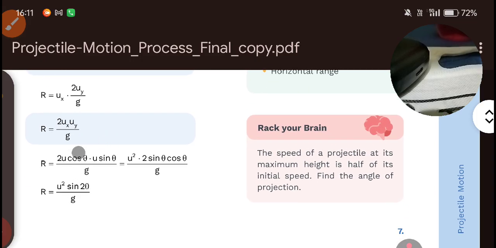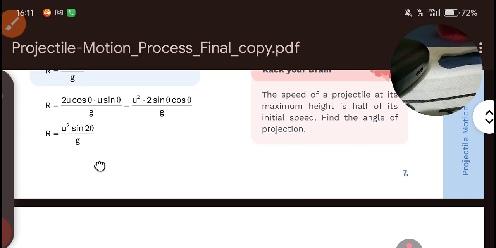R is going to be, so ux can be written as u cos theta and uy can be written as u sin theta, upon g. You will get u square 2 sin theta cos theta upon g. 2 sin theta cos theta can be written as sin 2 theta.